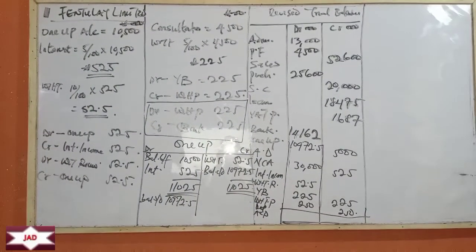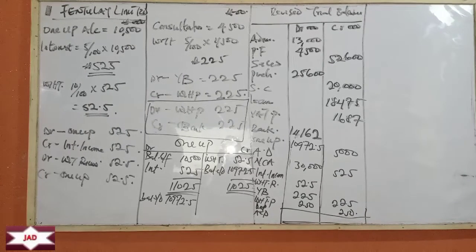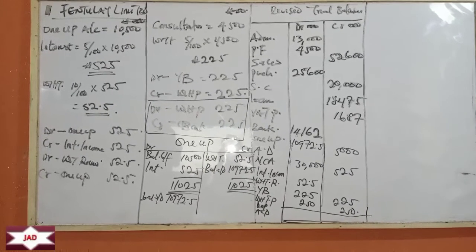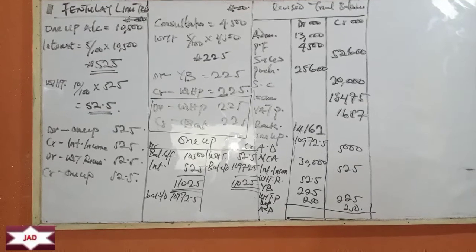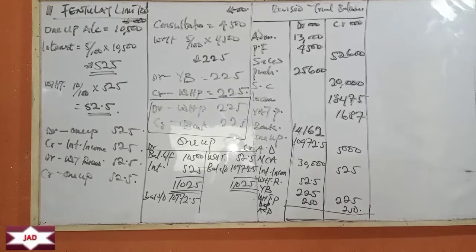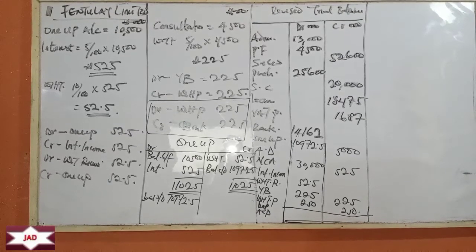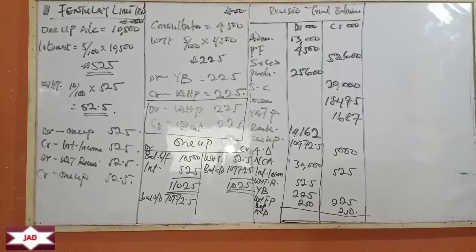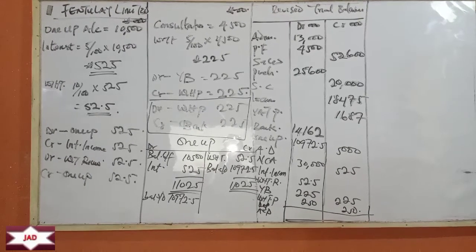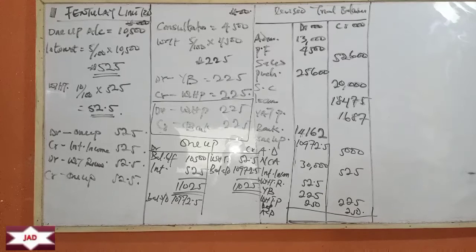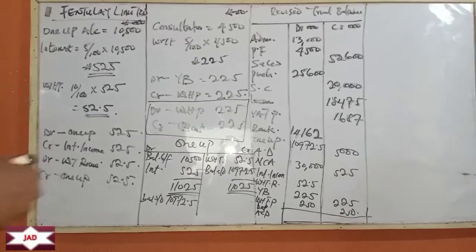Okay, so we are adding up all this: 13,045, 25,600.